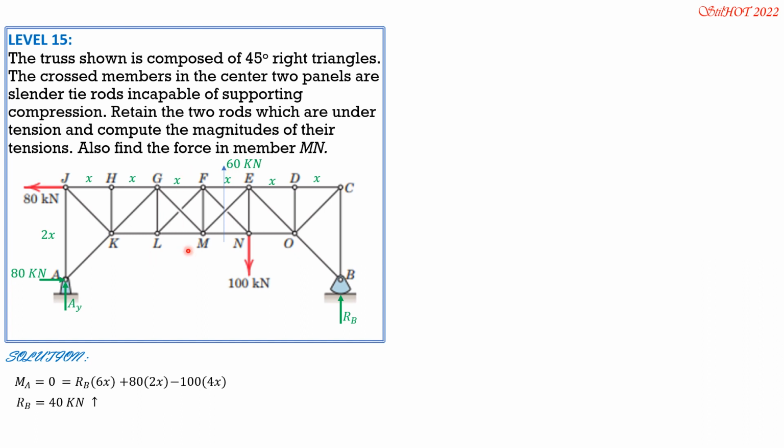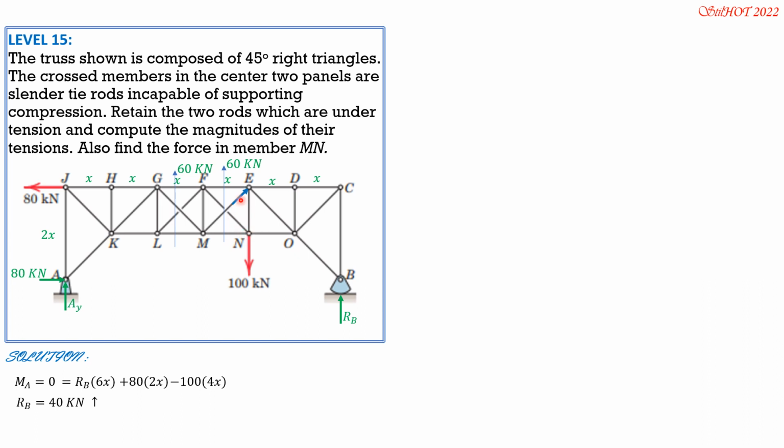Then here, it should also be 60 because if you remove that, the shear here should also be 60 upward. So therefore, we conclude that Fn, because the shear is upward, the component of this diagonal should also be upward. So this must be in tension.